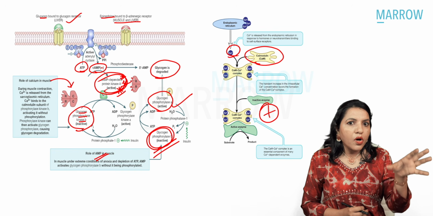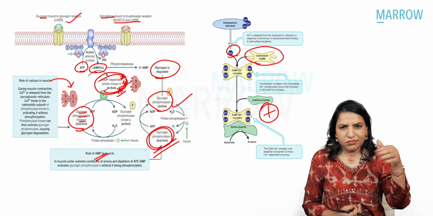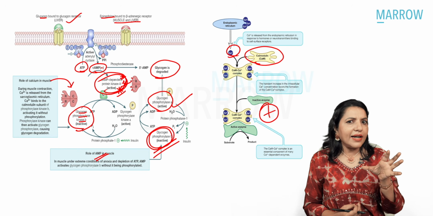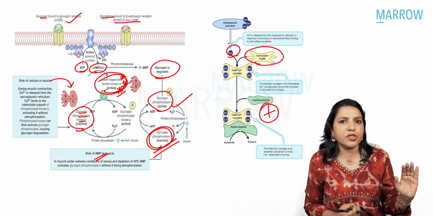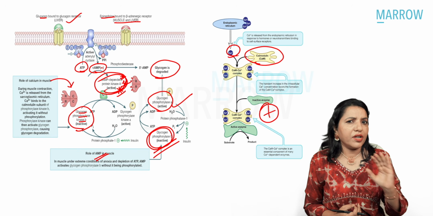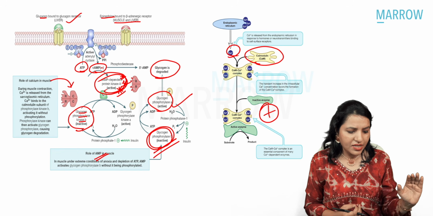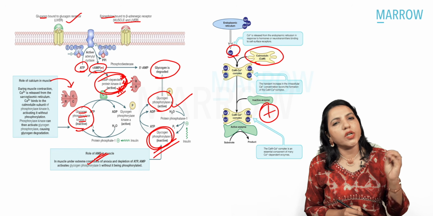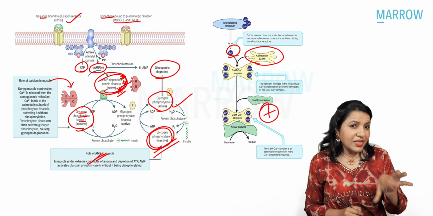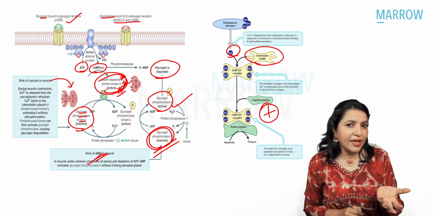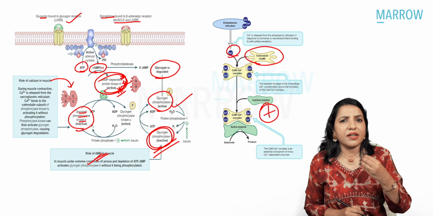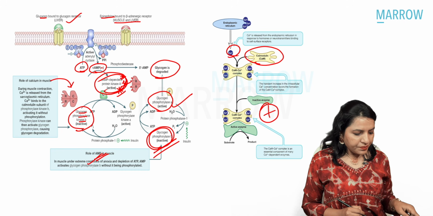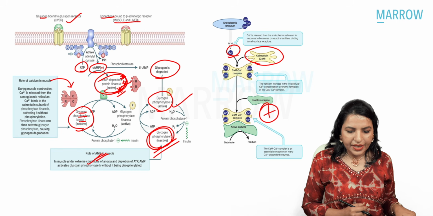Okay, so in what stages is AMP acting? That is in extreme conditions where there is deficient oxygen, called an anoxic state, or depletion of ATP. This is the time where AMP is directly pushing glycogen phosphorylase to the active state. Okay, so these are the different mechanisms.